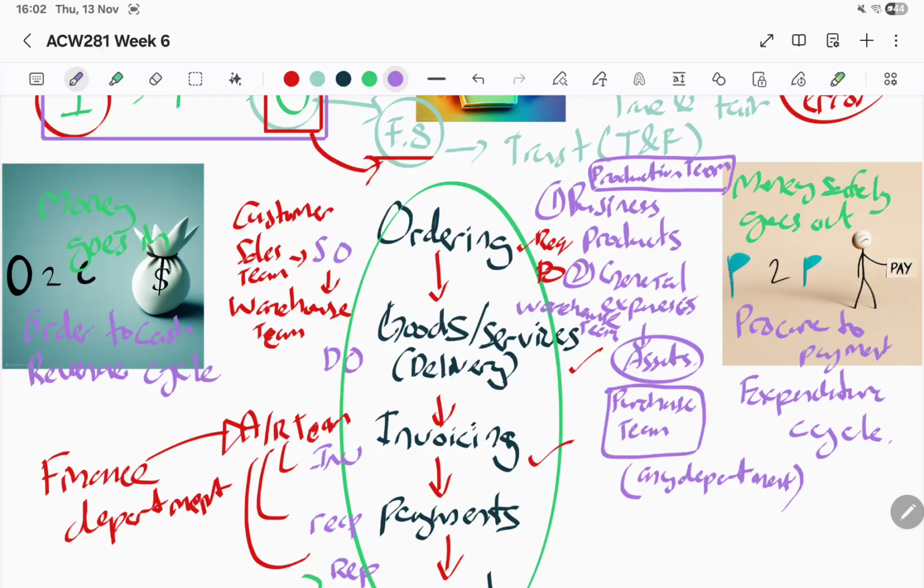Instead of creating a delivery order, over here you create, and this one is important, a goods received note, a GRN. It's like notes.